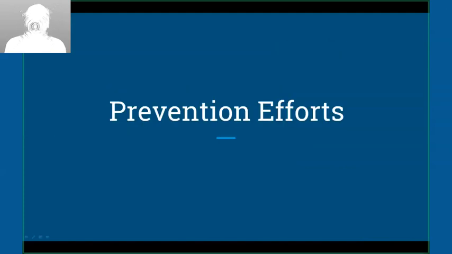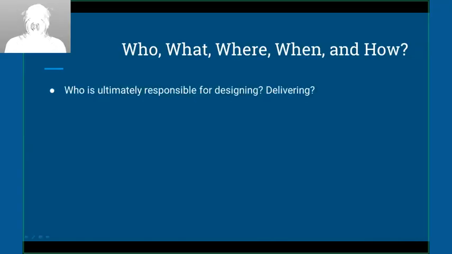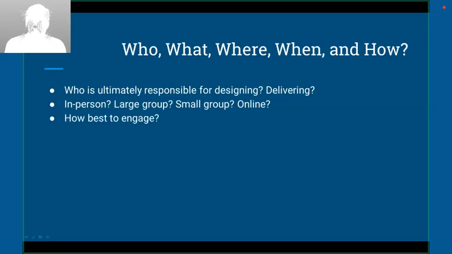And I really just want to quickly talk about prevention efforts because I do want to leave at least a minute for a question or two. In thinking about prevention efforts, it's important to think about who a school ultimately designates as responsible for prevention efforts, for delivering them, and what that looks like. There are certainly questions that will vary from institution to institution about whether in-person, large group, or small group are feasible, or whether those really don't scale to the whole institution and online programming needs to be an option.